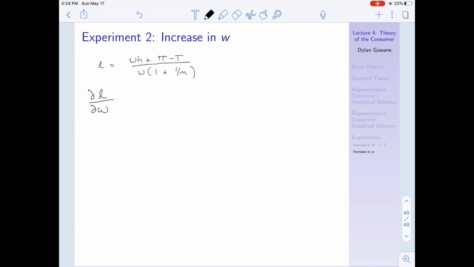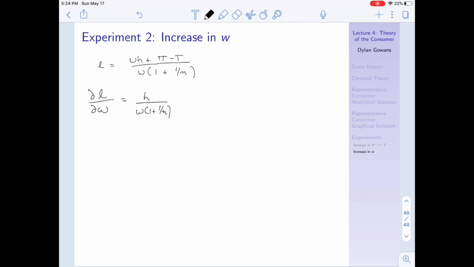So there's going to be two terms, first of all, because wage appears twice in this equation. The term with respect to the wage in the numerator is going to be h over the entire denominator.